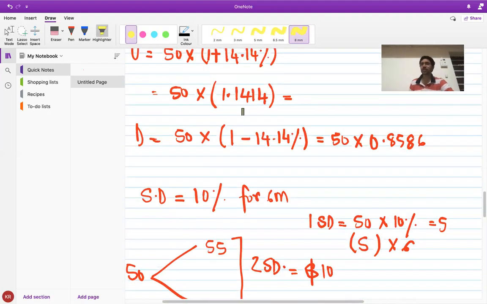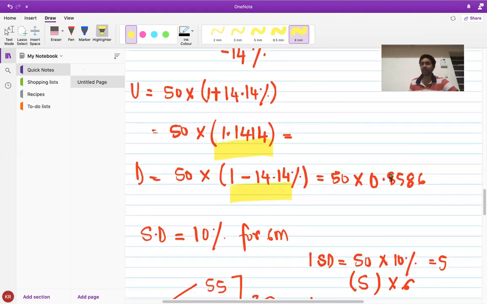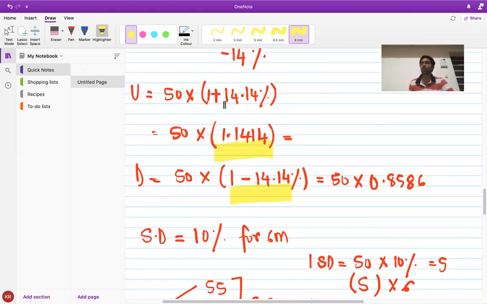However, if you don't use continuous compounding and use discrete compounding as what you used over here, obviously 0.8586 is not going to be equal to 1 divided by 1.1414. If you remember, even in our example, we had taken 1.1 and 0.9. D as 0.9 and U as 1.1.